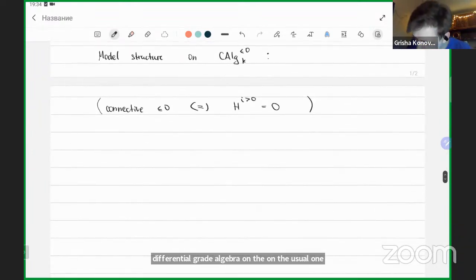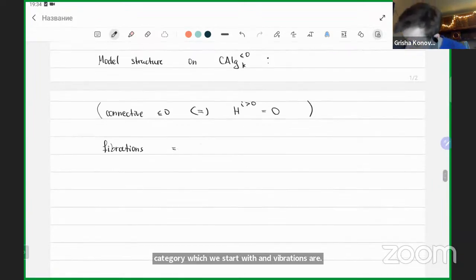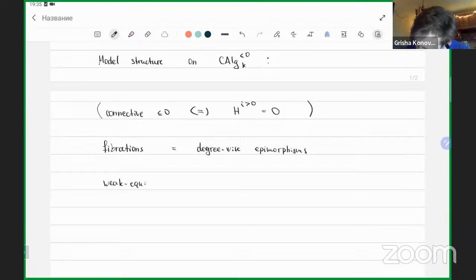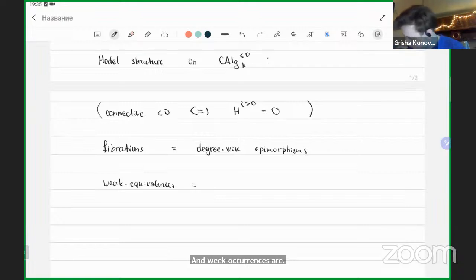And fibrations are degree-wise epimorphisms. And weak equivalences are quasi-isomorphisms.